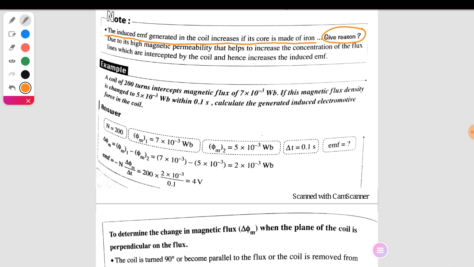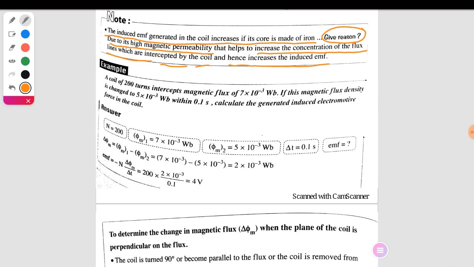Due to high magnetic permeability, that helps to increase and concentrate the magnetic flux intercepted by the coil and hence increases the induced EMF.